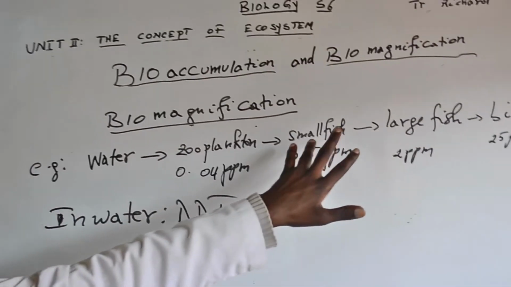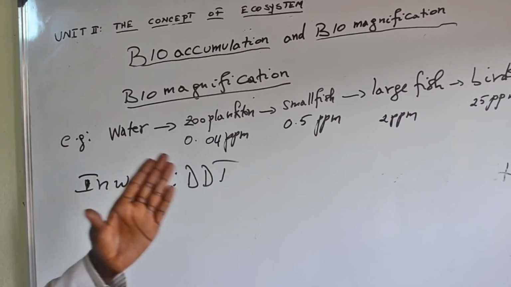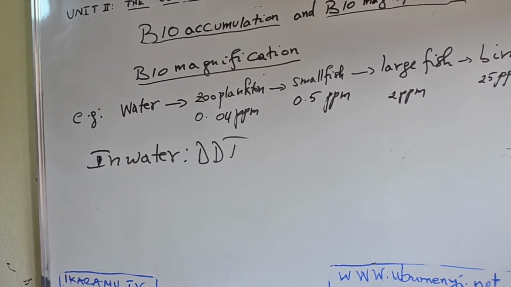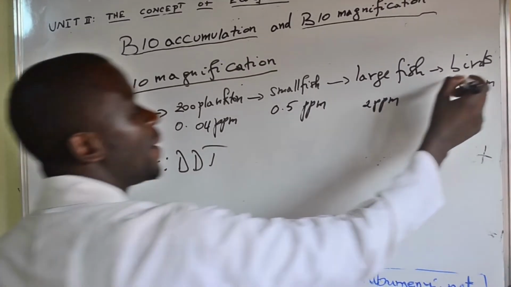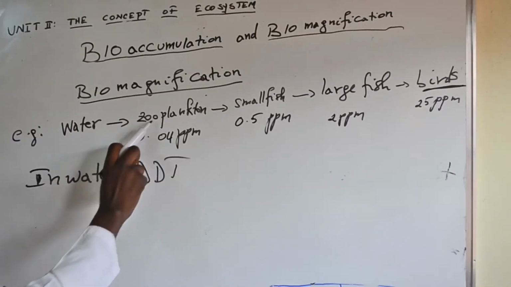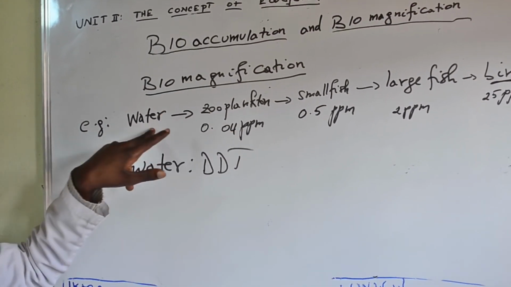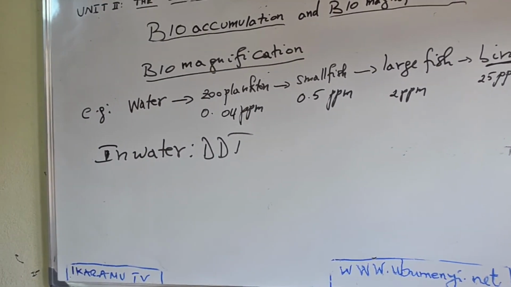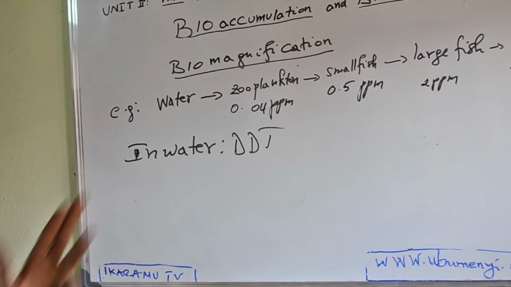To the small fish we had 0.5, to the large fishes we had 2 ppm, and to the birds we had 25. This means the birds will have worse effects than the zooplankton, even if the zooplankton are the ones that consumed the DDT first. So this is the real difference between bioaccumulation and biomagnification.